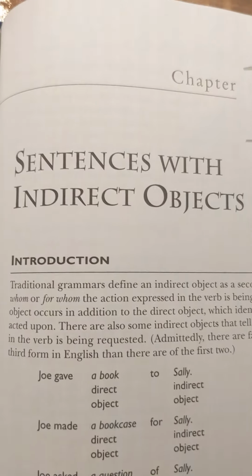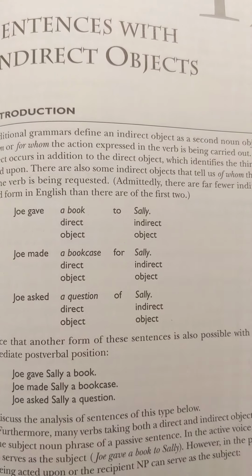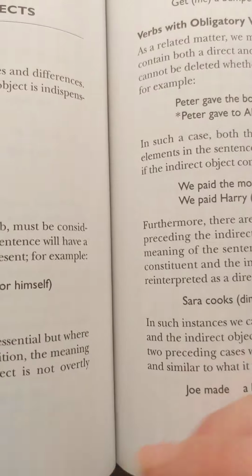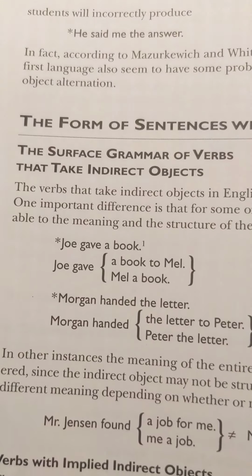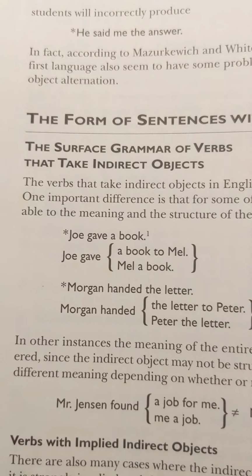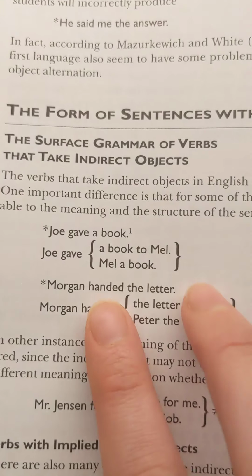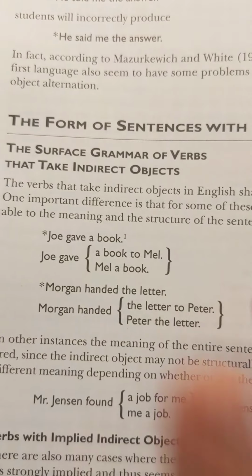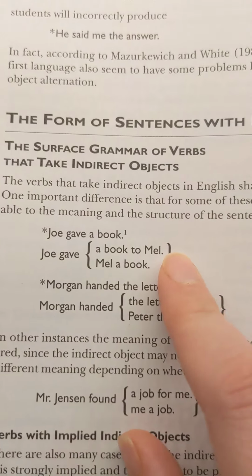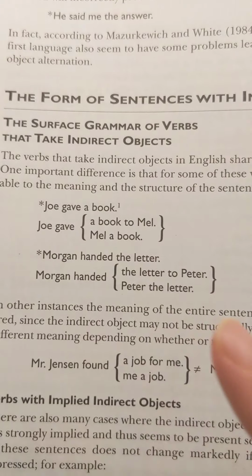So we also went over sentences with indirect objects. Of course, you can't have a sentence with an indirect object if there's no object. We went over some typical verbs that are ditransitive, which means that they have an object and an indirect object. So gave is a ditransitive verb because you give something to someone or you hand something to someone.